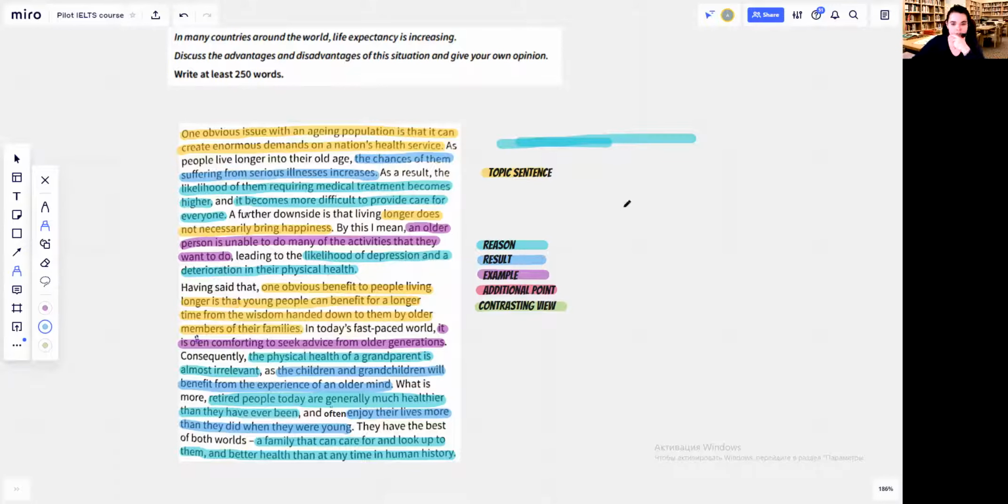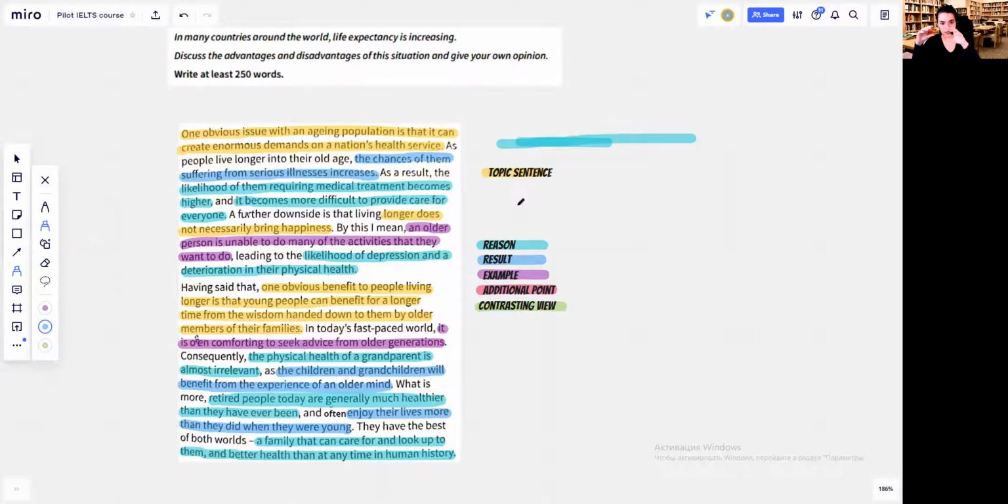Now, as a result, the likelihood of them requiring medical treatment becomes higher. Well, this is a result. And it becomes more difficult to provide care for everyone. So we're moving through a three-stage causal relationship, a chain with three links. Old age leads to serious illnesses.